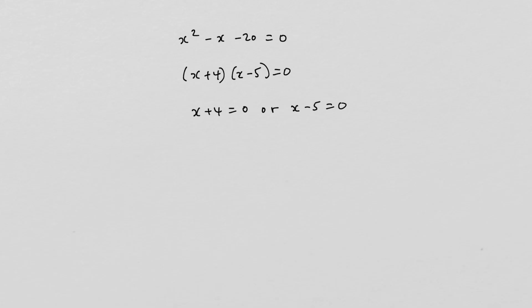But in any case, being able to factor helps you to find the x-intercepts on the x-axis. So here we're going to have x is equal to negative 4 or x is equal to 5. So we know that this function crosses the x-axis at negative 4, 0, and in this case, 5, 0.